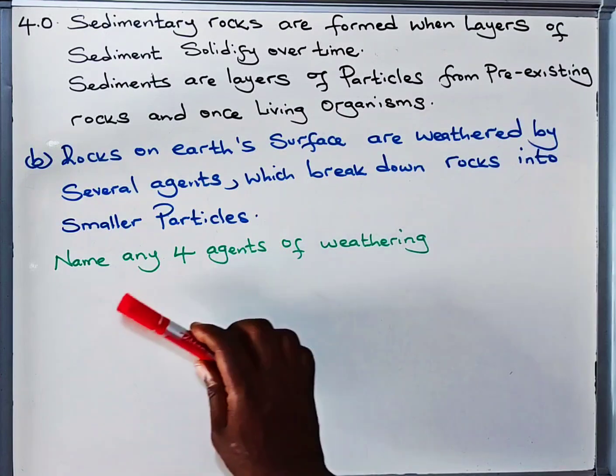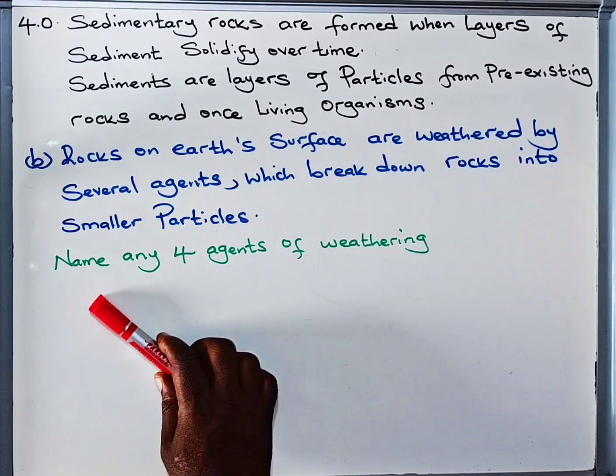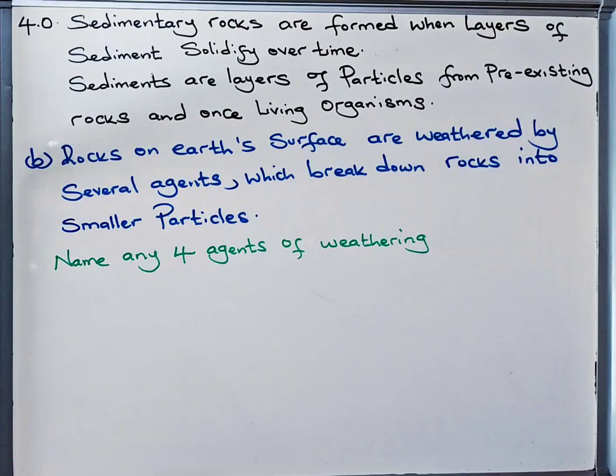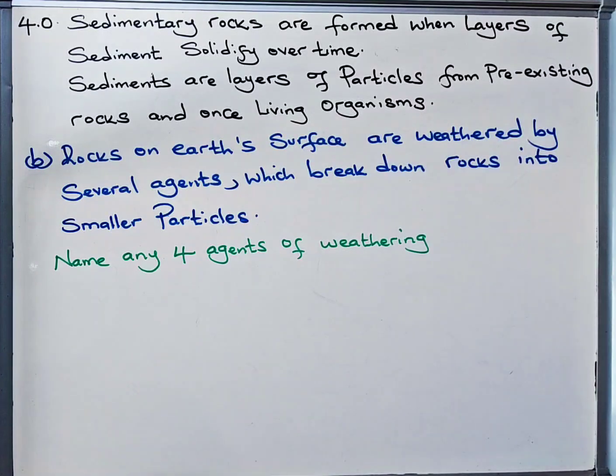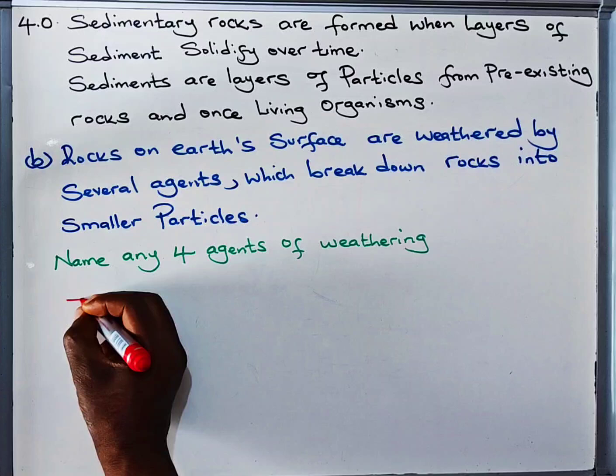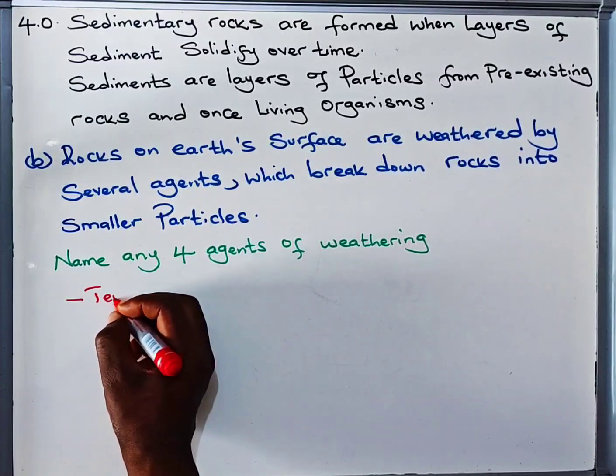And then the question says, name any 4 agents of weathering. What are those agents which cause breakdown of rocks into smaller particles? The first one is temperature changes.